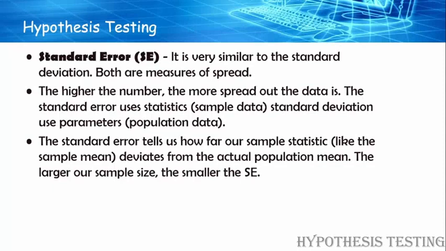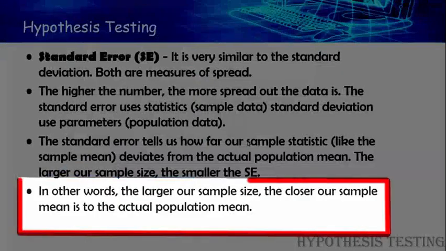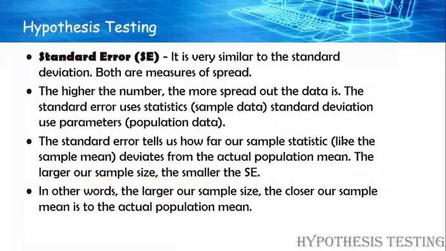The larger the sample size, the smaller the standard error. In other words, the larger our sample size, the closer our sample mean is to the actual population mean. So the standard error is the deviation of the means from the sample data to the population data.